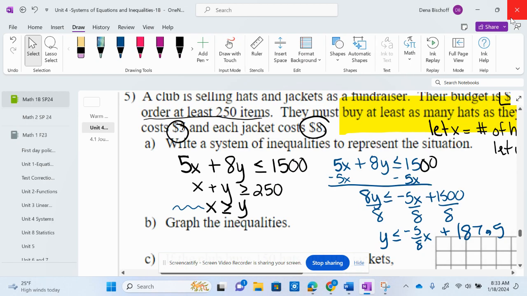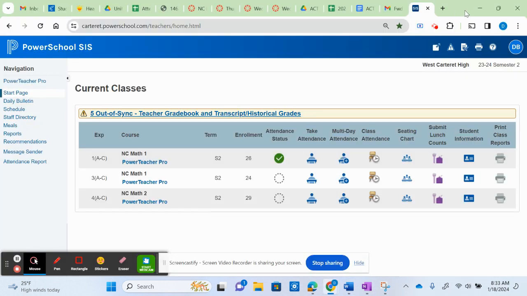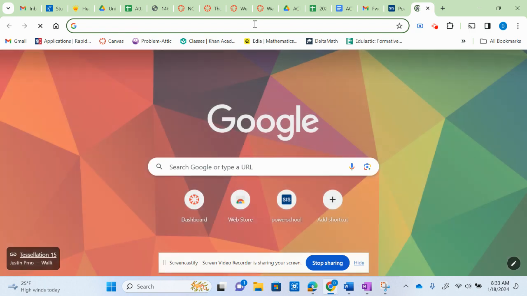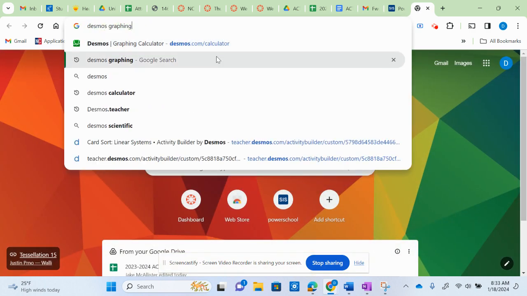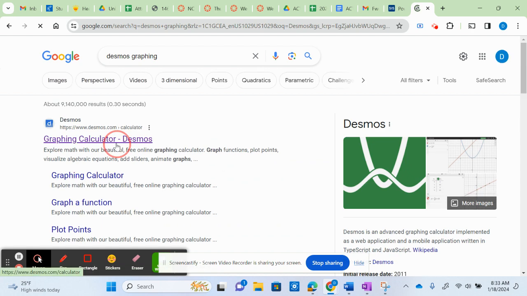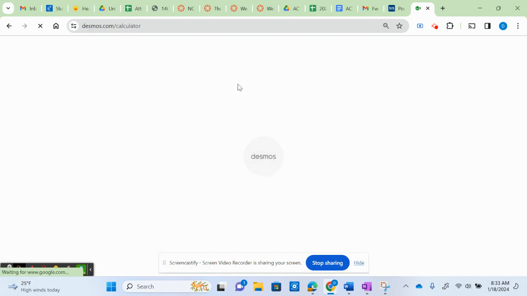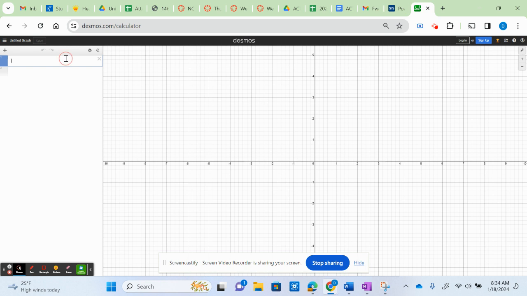Can we do something really fast? We haven't yet talked about using Desmos for graphing inequalities systems, just because I wanted to make sure you knew how to actually graph inequalities first. So what if I were to put these inequalities that we wrote into Desmos graphing?